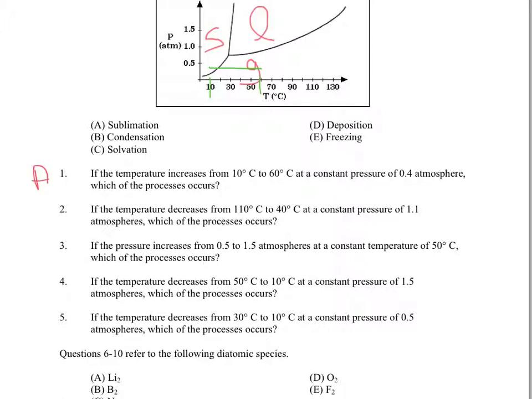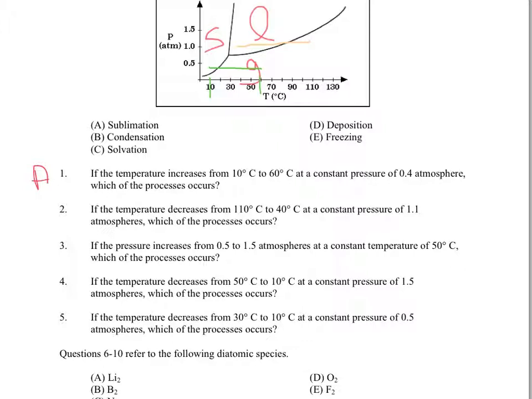Do y'all see how I did that? Okay. I'm going to change colors on this one. I'm going to go to an orangish color. If the temperature decreases from 110 to 40 at a constant pressure of 1.1. All right. So we're going from 110 to 40 at 1.1. Do y'all agree? All right, so where did we start?